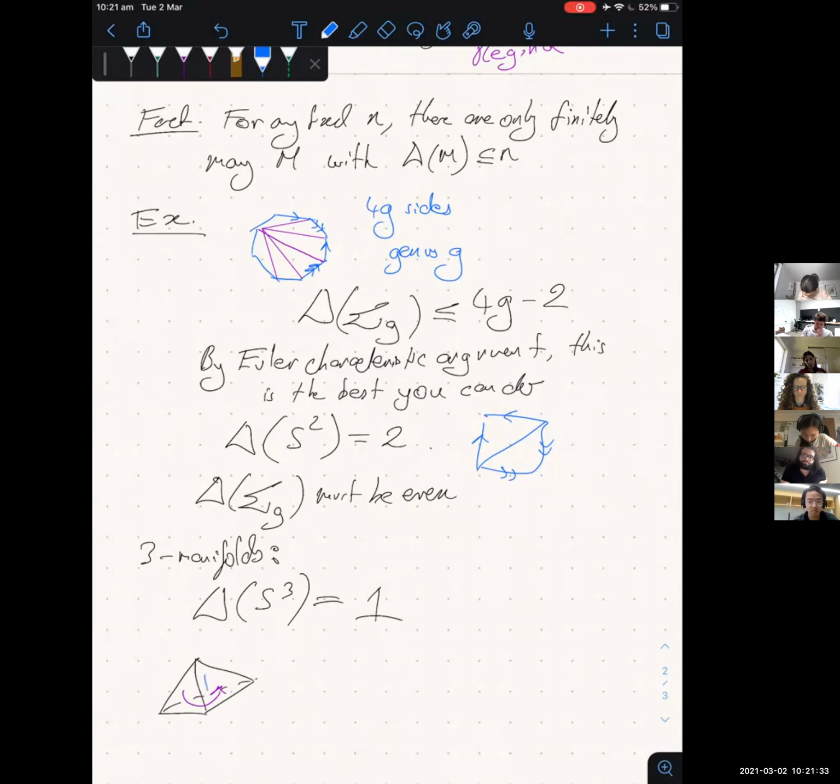So I'm gluing this F to this F. And then this gives me a 3-ball where we've got 2 faces left, so its boundary has 2 faces, and they're just joined like so. So the induced triangulation on the boundary of this is just going to be this one, where we've taken 2 triangles and glued them up.